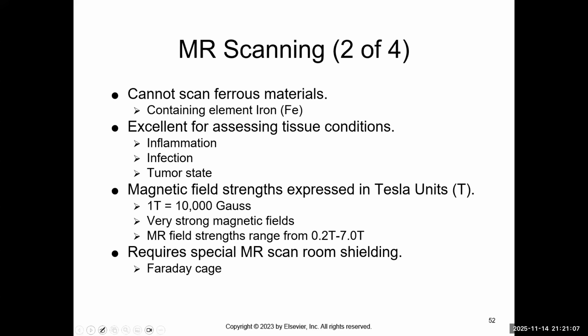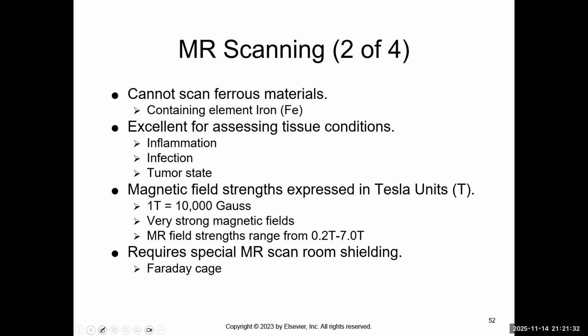So again, even though the MRI system is great at checking things like soft tissue, inflammation, infection, tumors, looking at your brain anatomy, also spinal cord issues, if we have anything in our bodies that would not be rated MRI safe, then you cannot have that MRI.